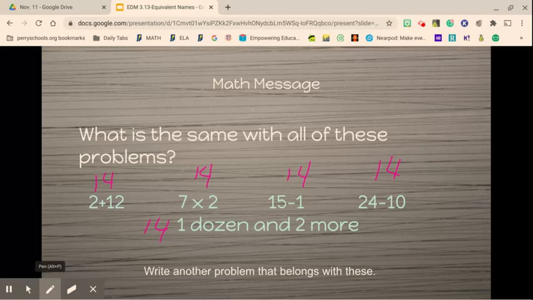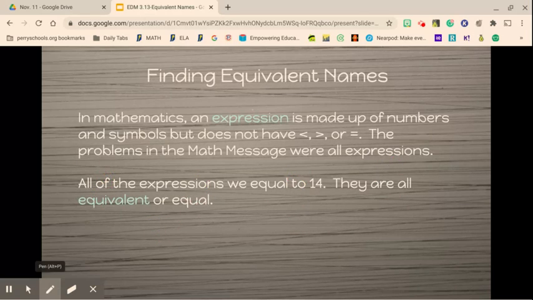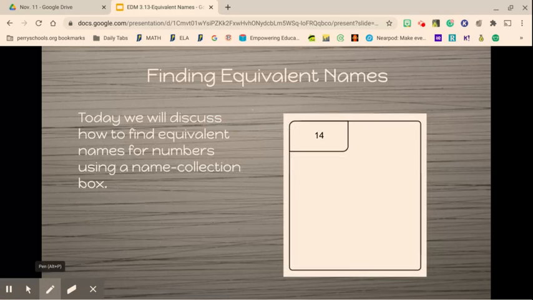So 2 plus 12, 7 times 2, 15 minus 1, 24 minus 10. None of those have a greater than, less than, or equal sign. All of the expressions on that previous page were equal to 14. They are all equivalent or equal. So that word equivalent means they are all equal.